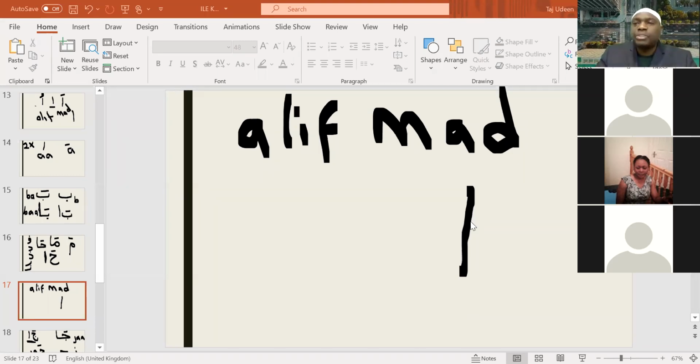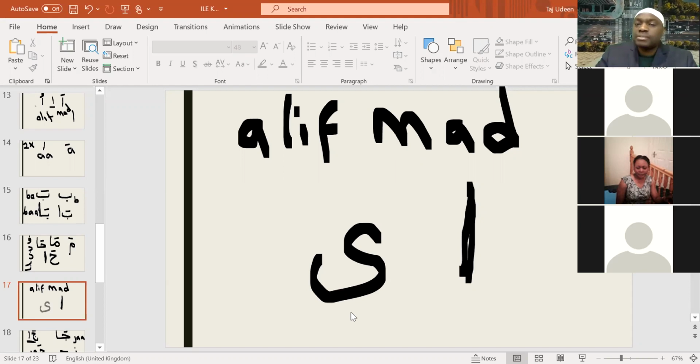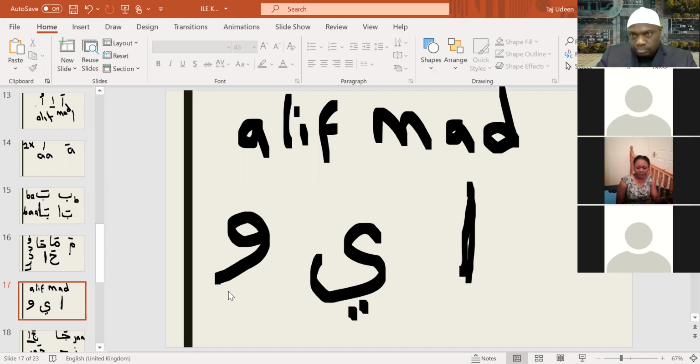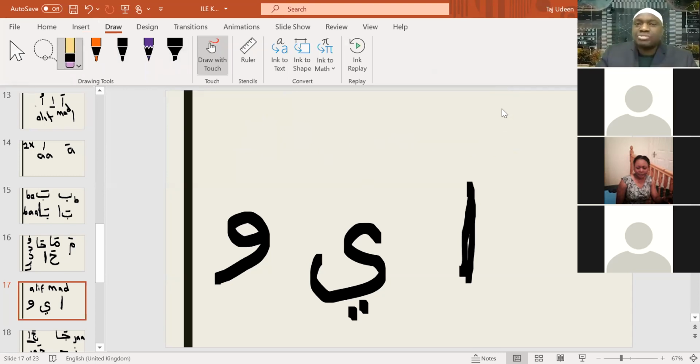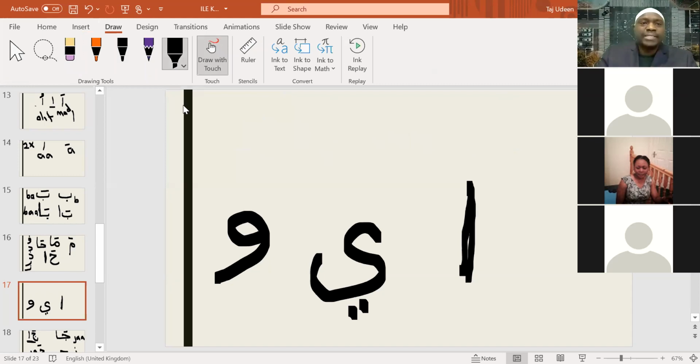Why do we need alif? It is just to elongate. We have 3 letters that we use to elongate. Alif is one of them, ya is one of them, and waw is one of them. You know, we have 3 harakat. Do we remember the 3 harakat? Can someone remind us what the 3 harakat are? Fatha, kasra, and dhamma.